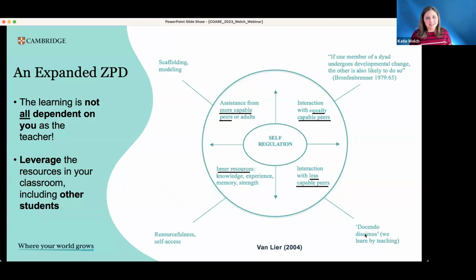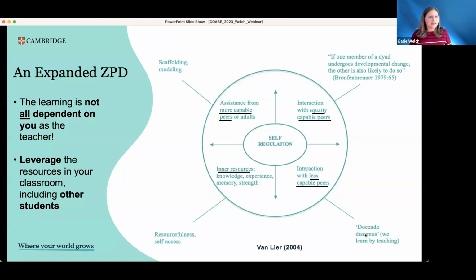The ZPD, Zone of Proximal Development, was later updated in 2004 to say that actually it's not all dependent on the teacher. Students can meet their zone of proximal development without having a teacher standing right next to them, meeting their needs.